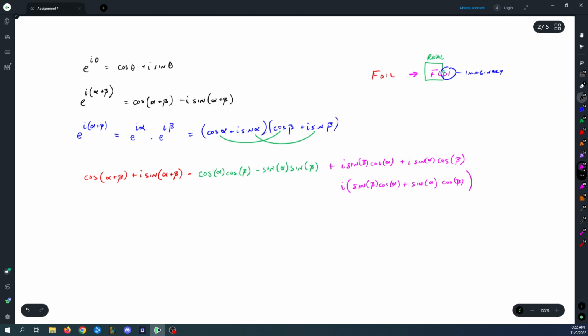So I can come up with now a couple of sum formulas where cosine of alpha plus beta is equal to cosine alpha cosine beta minus sine alpha sine beta.